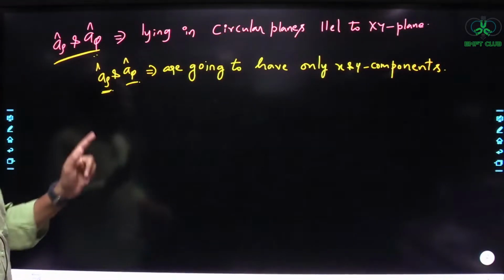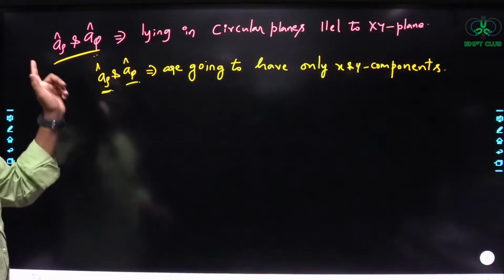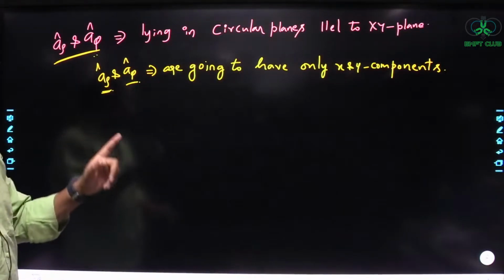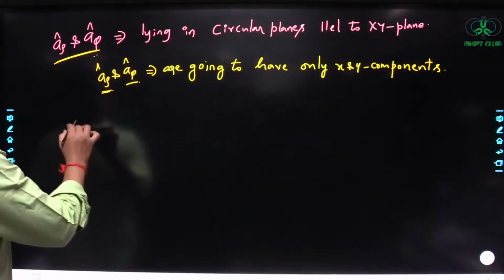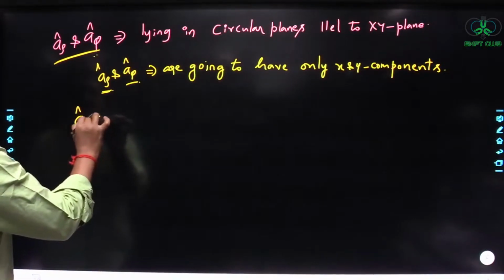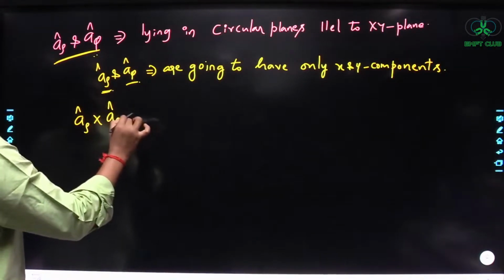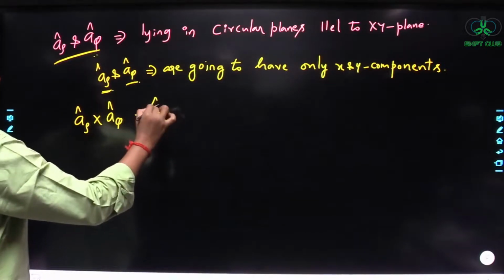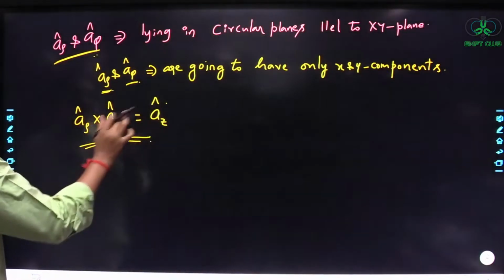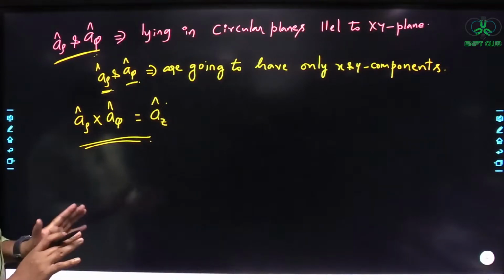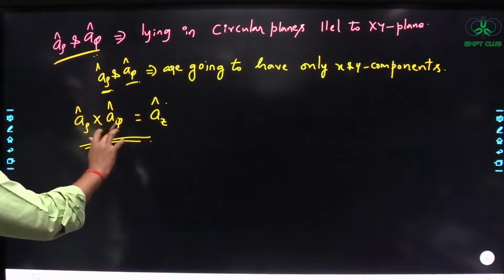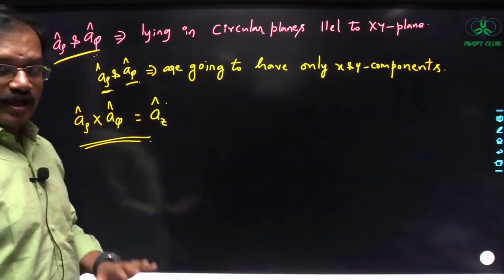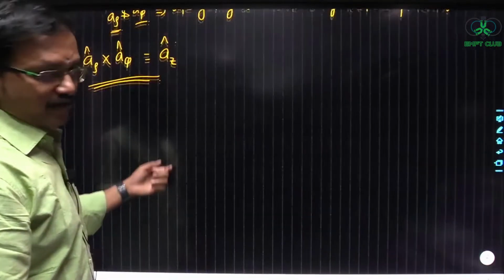They are mutually perpendicular to one another. So the angle between them must be 90 degrees, and aero cap cross A5 cap must be equal to AZ cap. These three are mutually perpendicular, and if you do aero cap cross A5 cap, you are going to get AZ cap. So keep all these points in mind here, right?